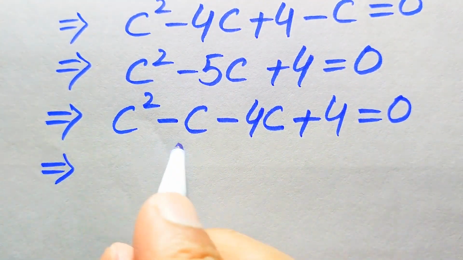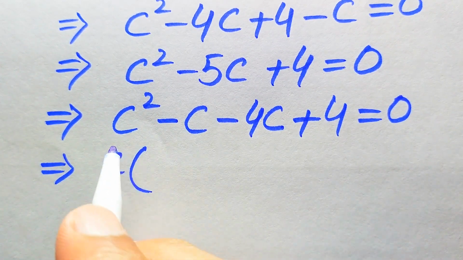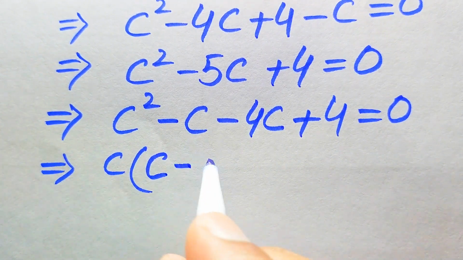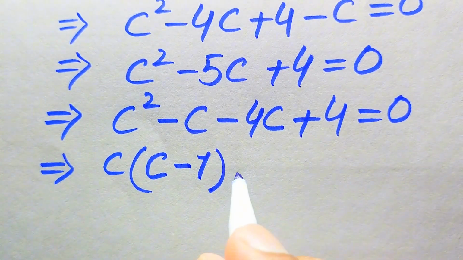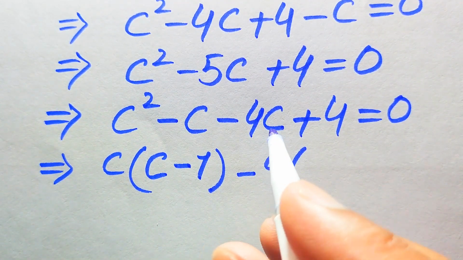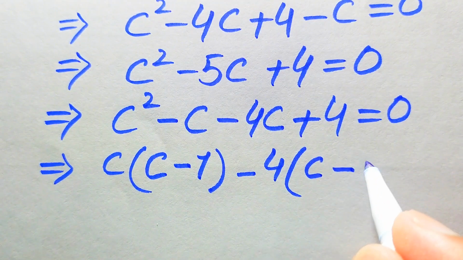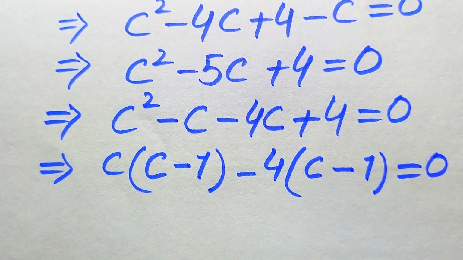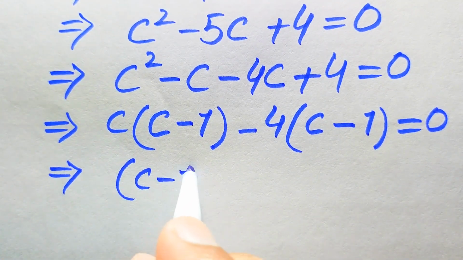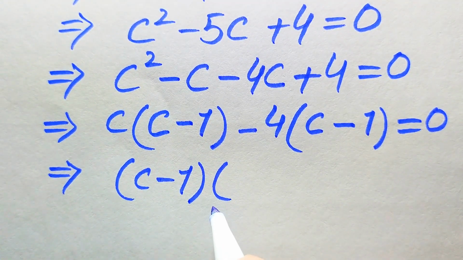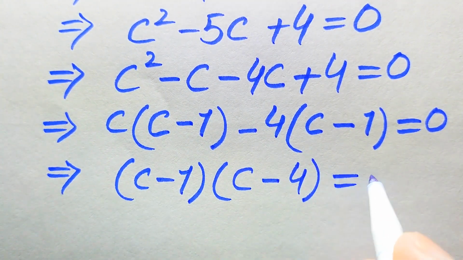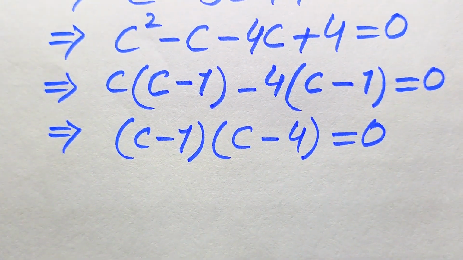And now you see that from the first two terms we have c as the common value, so we take common c from here, and we get c minus 1, and from these two terms we again take common minus 4, and we get c minus 1, and this whole equation is equals to 0. And now in the next step, we take common c minus 1, and we get the remaining values c minus 4, and this whole equation is equals to 0.